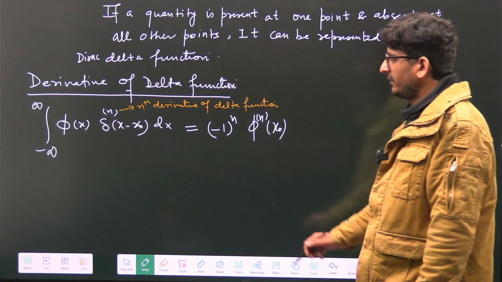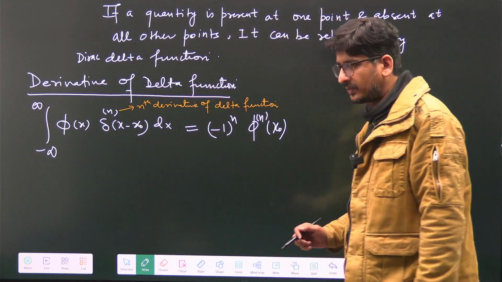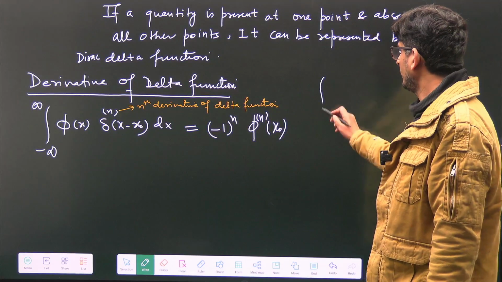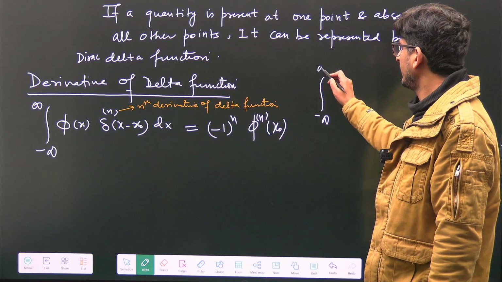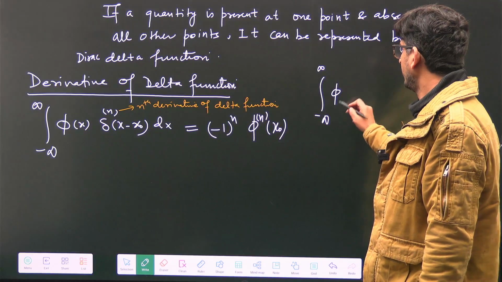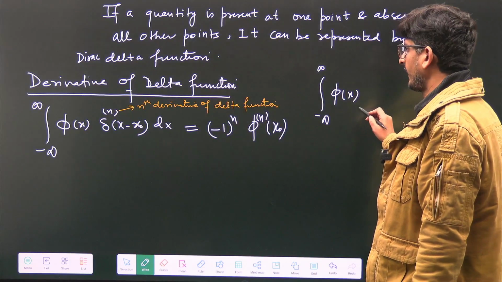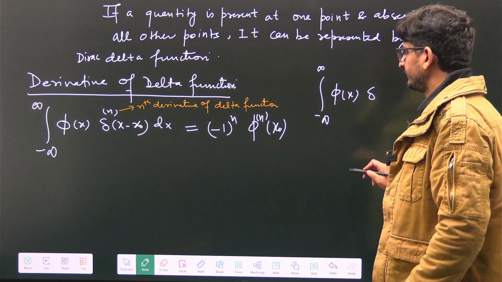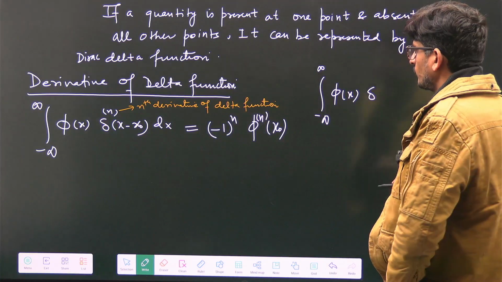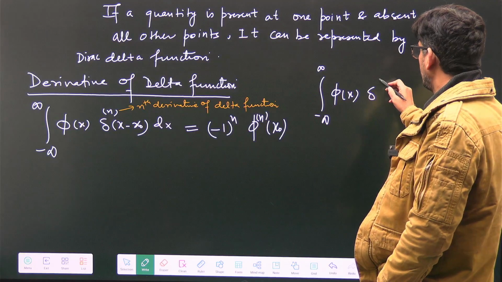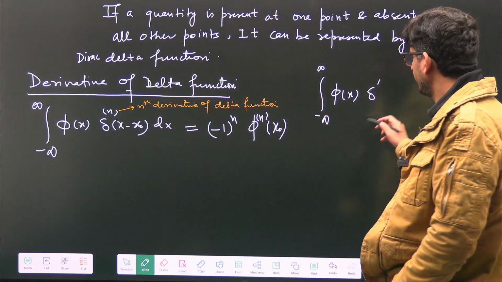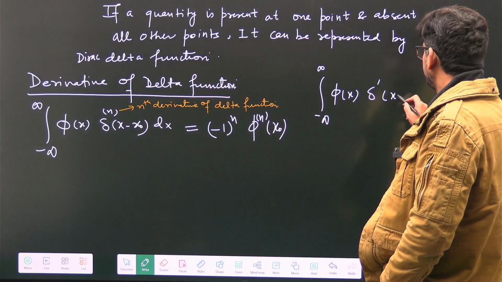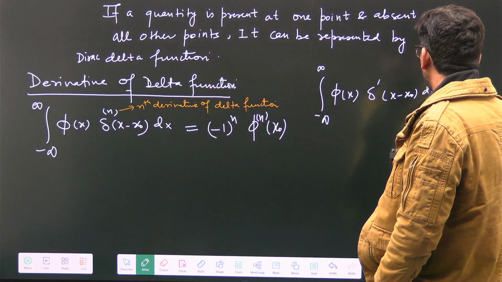You can see it for first derivative. I can just prove it. एक बार देखो जरा, अगर मैं ऐसे ले लेता हूं integral minus infinity to plus infinity phi(x) delta dash, I mean first derivative (x minus x naught) dx.